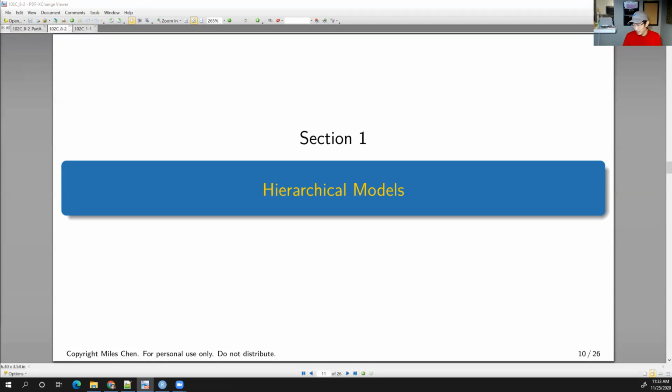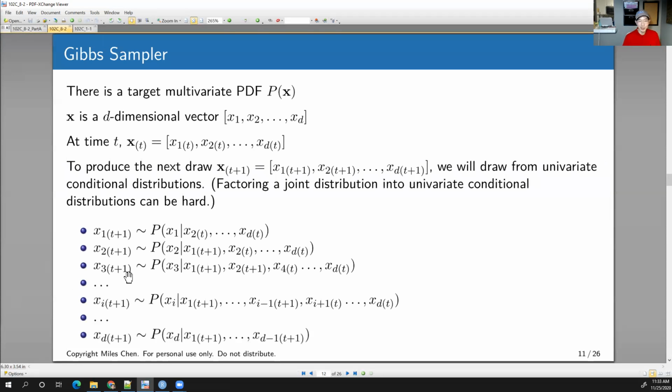I didn't get through all of my slides last class because I also took a long time pouring out my heart. But anyway, we talked about the Gibbs Sampler on Monday. And the Gibbs Sampler is a way for us to draw samples from a multivariate target PDF, right?